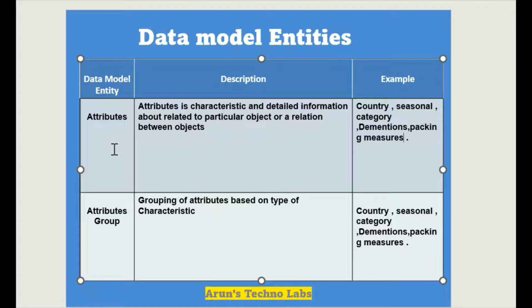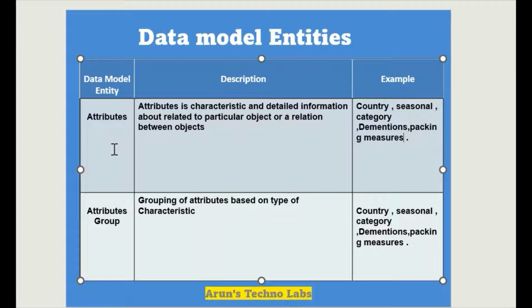That clear information is to be stored as part of the product, like the country of origin, whether it's a seasonal fruit juice, and the dimensions, like weight and milliliters, whether it's 900 ml or 500 ml. All of this is stored as part of the attributes.